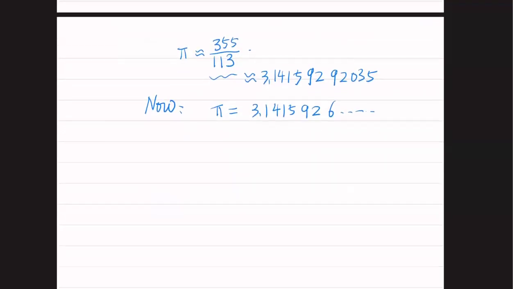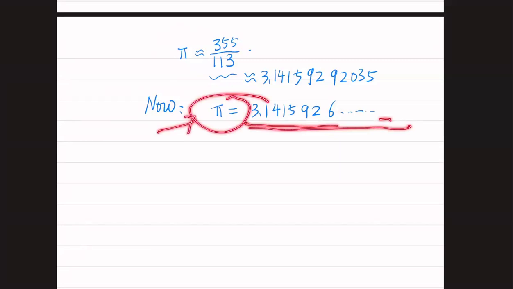Okay, some history about how to find this number. It takes a lot of mathematicians, maybe 1,000 years, to figure out what this number is. It's not an easy problem. Now we practice to remember the first 100 digits of pi. So we should also know how to find this pi.